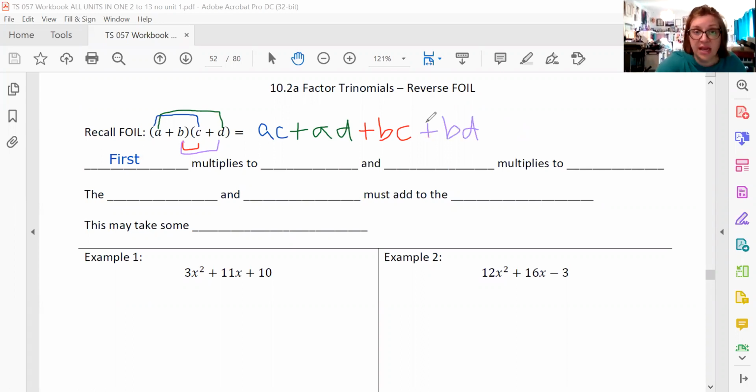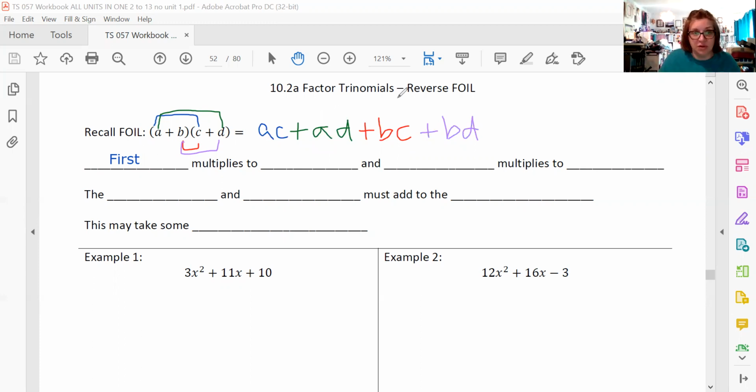And usually these two in the center, we would combine together, right? Because they would have something in common, typically only a single variable, just 2x plus 4x or something like that. We would combine those together.